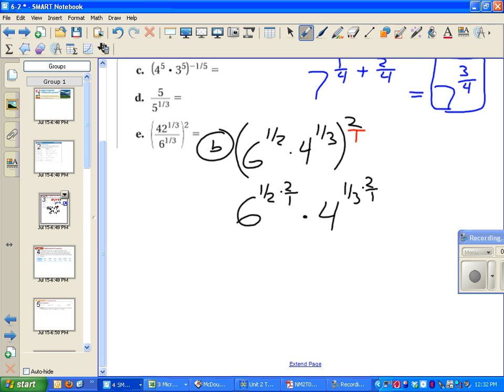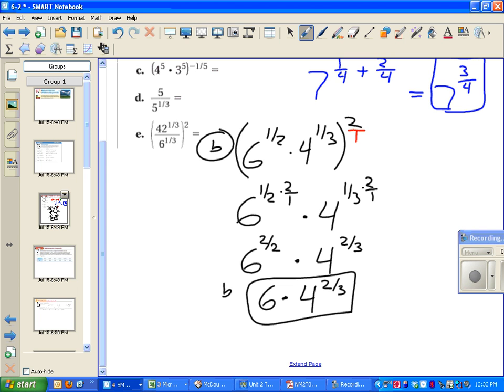So when we multiply fractions, we multiply the numerators with the numerators and the denominators with the denominators. So we are going to get 6 to the 2 over 2 power without simplifying, times 4 to the 2/3 power. And then 2 over 2 is 1, so 6 to the 1st, which we usually don't write 1 as the exponent. So our final answer is going to be 6 times 4 to the 2/3 power. So that is B.